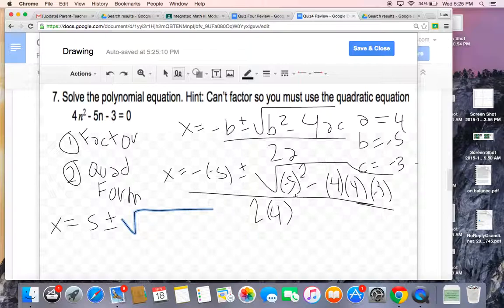Negative 5 squared is negative 5 times negative 5, which is 25. Then a minus. Using order of operations, I first need to multiply. 4 times 4 is 16, and then 16 times negative 3 is negative 48.